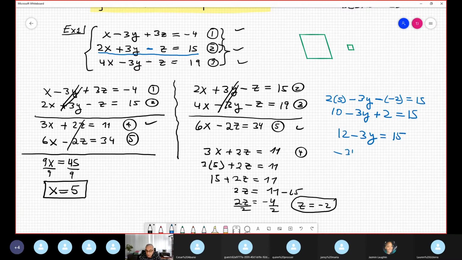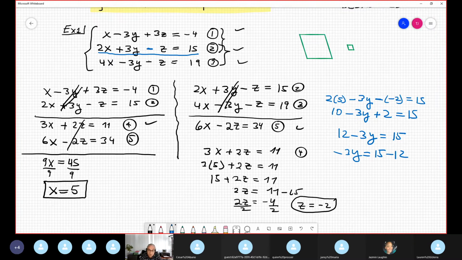So minus 3y is equal to 15 minus 12, which is 3. Wait. This is plus 2. This is 12. It's 3, but this is minus.